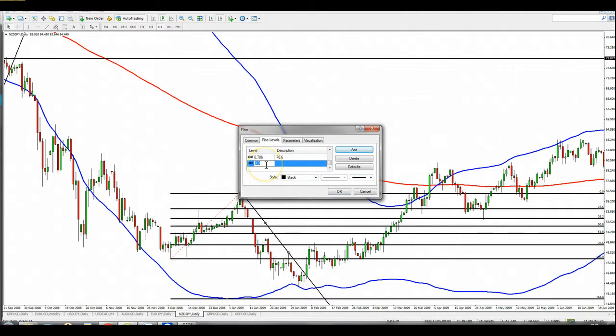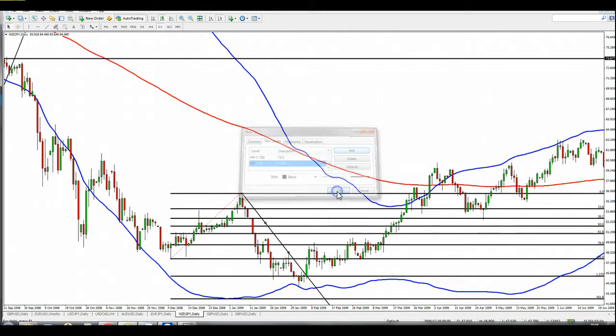Just add in a 127% Fibonacci extension there.